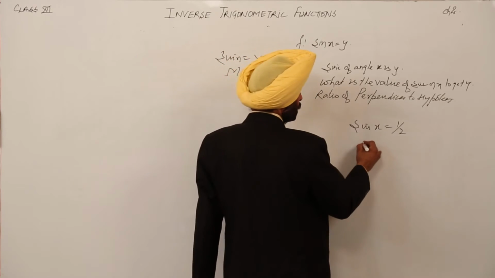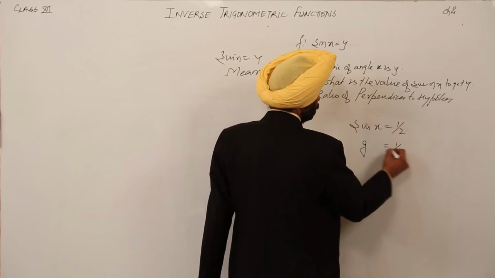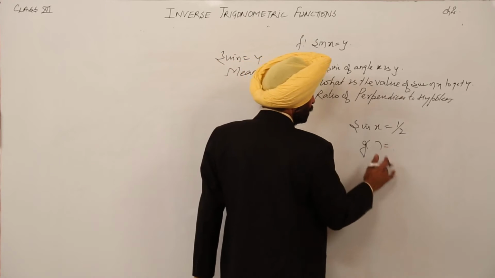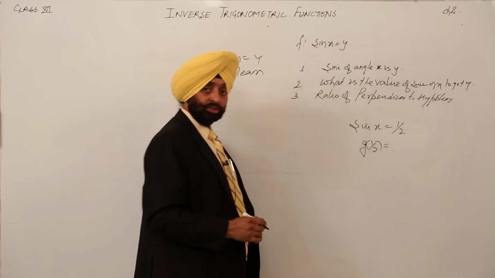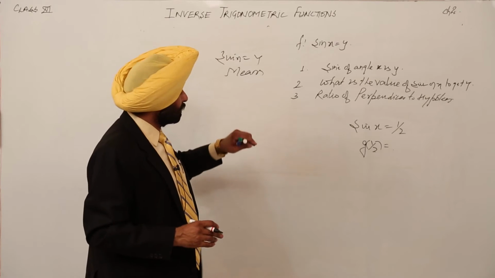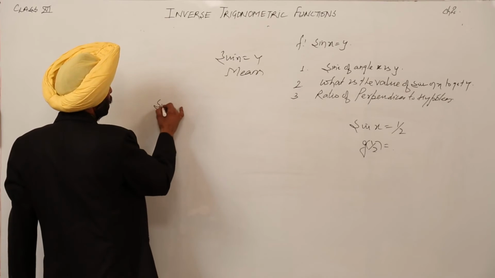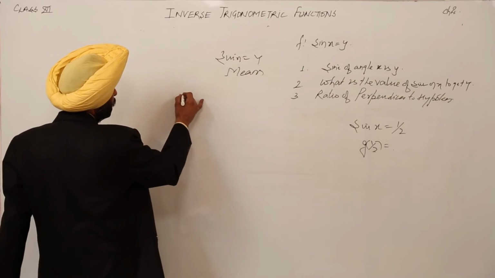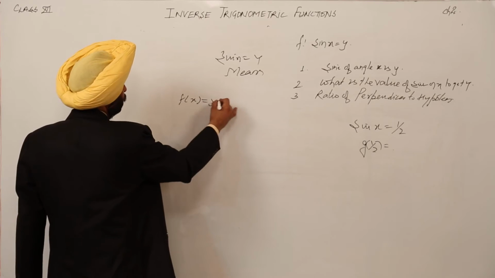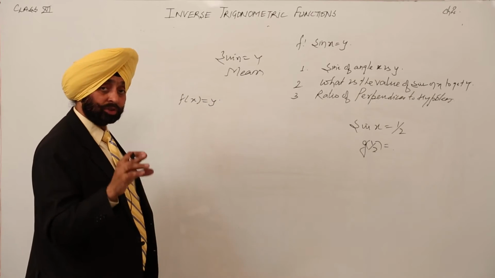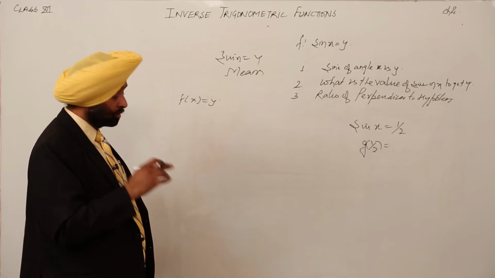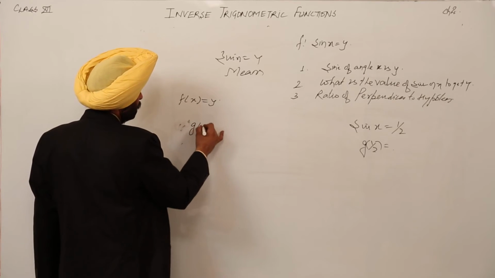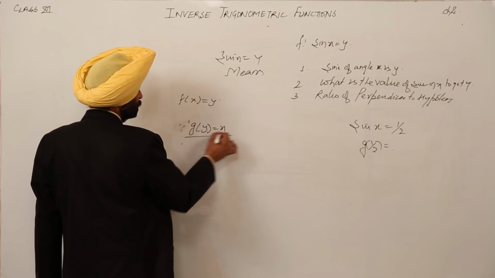Now we have a function g which takes y. Earlier we wrote f x is equal to y, a function from a to b. Then we wrote that the inverse is only possible if f is one-one and onto, when g of y is equal to x.